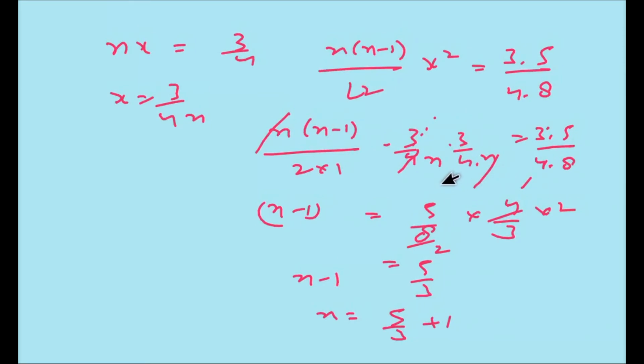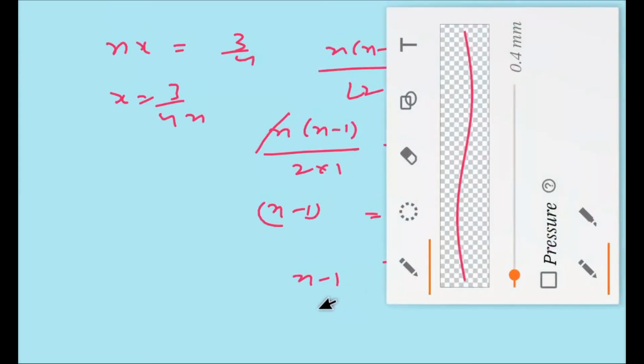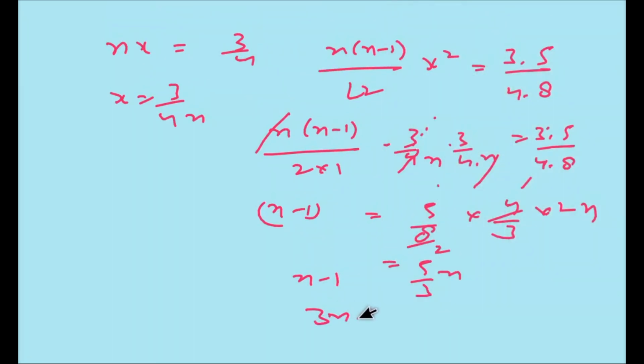Okay, so here we get n also, so write here n. Okay, so what we get here, 3n minus 3 equal to 5n, and minus 3 equal to 2n, n equal to minus 3 by 2.